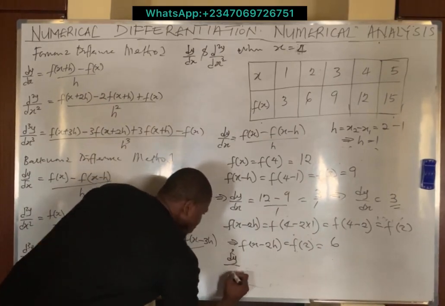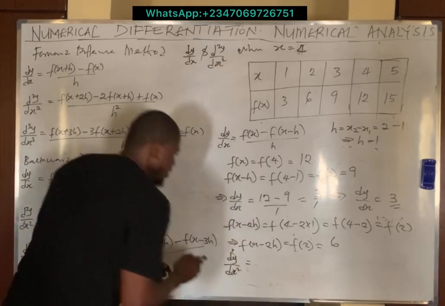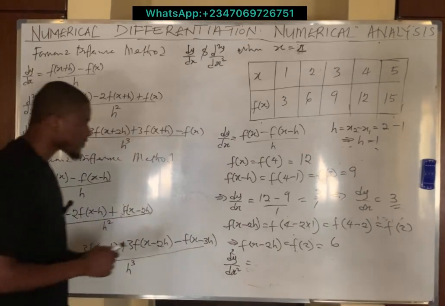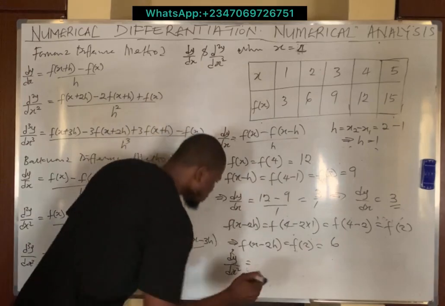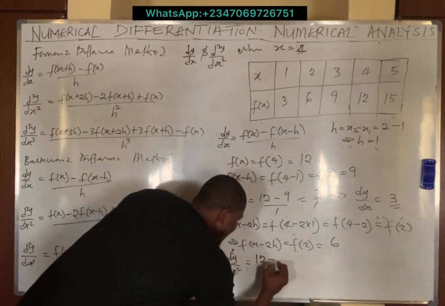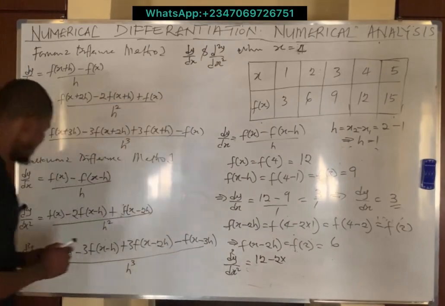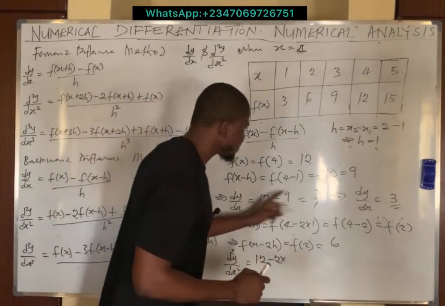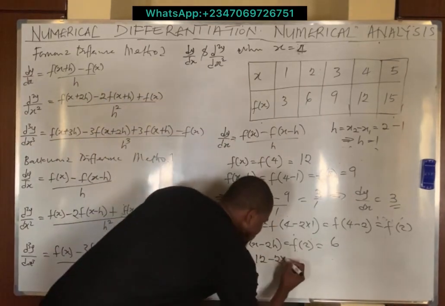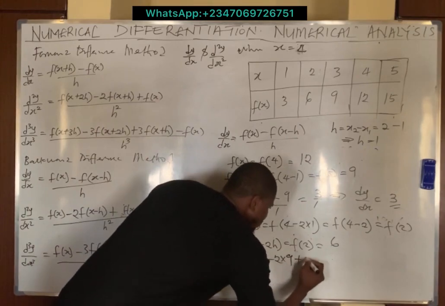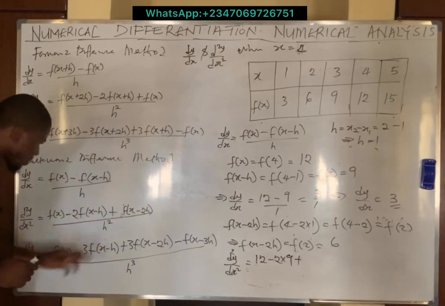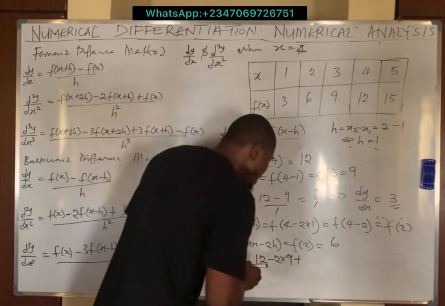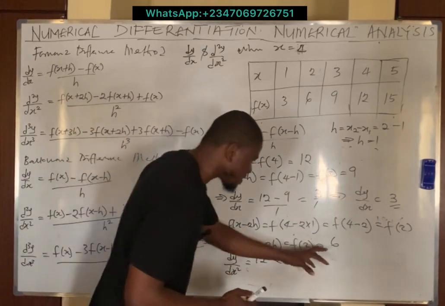d squared y over dx squared is going to be equal to, from the formula, f(x), which has the value 12. So you put it down: 12 minus 2 times f(x - h). And you know what f(x - h) is? The value is 9. So minus 2 times 9, plus f(x - 2h), and f(x - 2h) gave us 6 here.